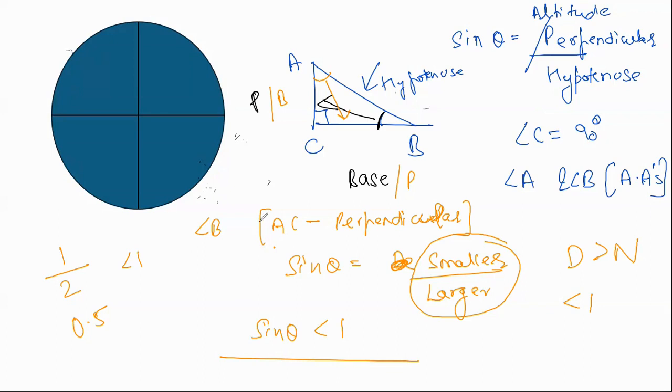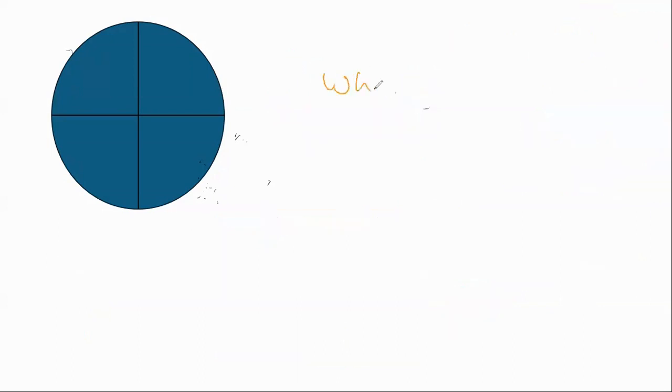Second, this is not why, but when the sine theta value is equal to 1. This is the big question. So I have taken one identity.